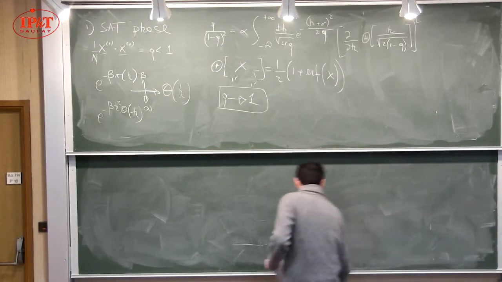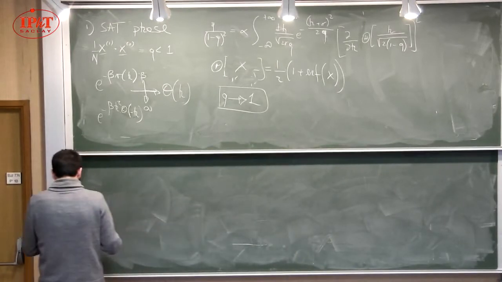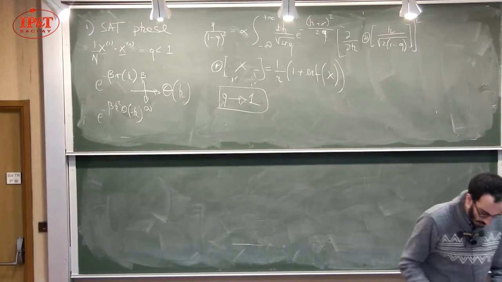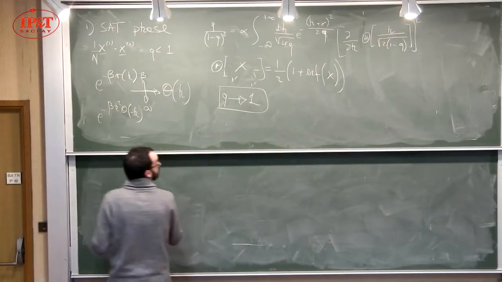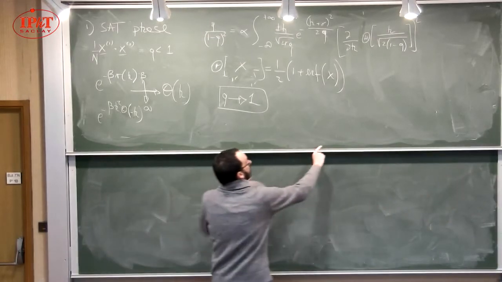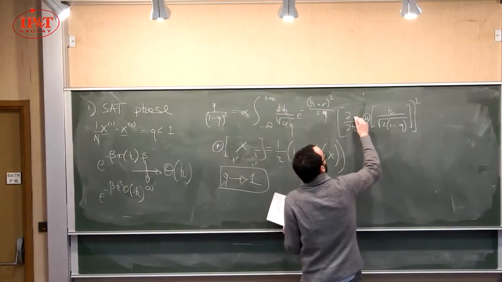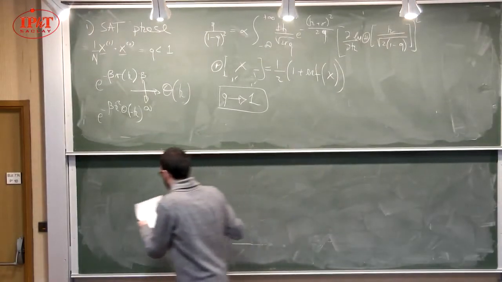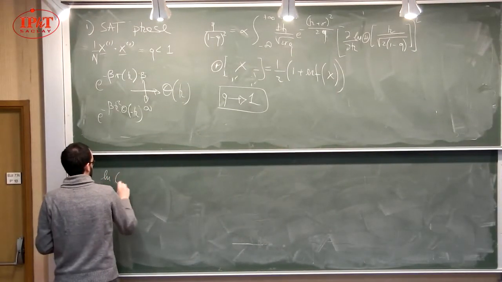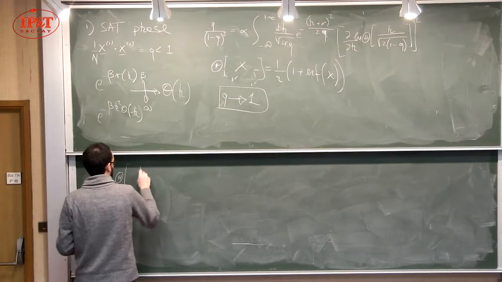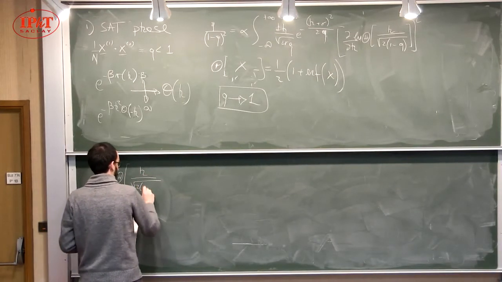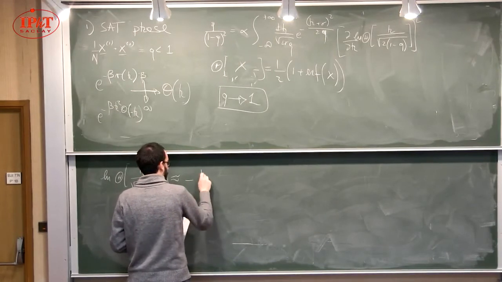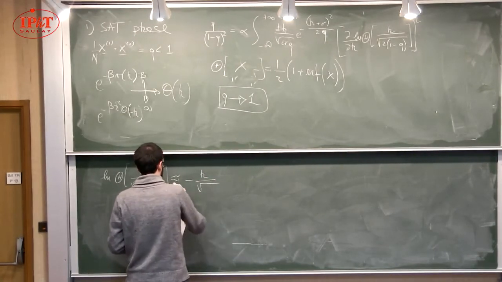So if you plug this limit there, then what you get. The way in which you can do it is to use this asymptotic expansion for q going to 1.